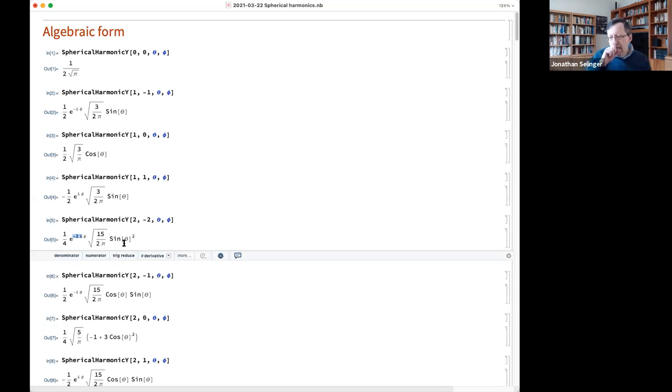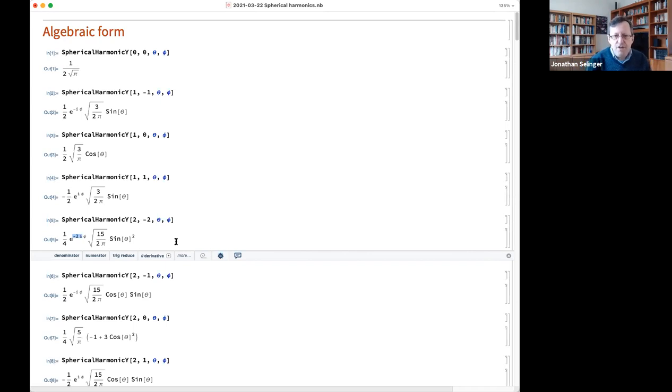Right? So that's the dependence on phi. So it says, as you go around an azimuthal angle, right? Remember, that's what phi means, the angle going around the z-axis. The spherical harmonic function changes as this complex exponential. And that's multiplied by the theta dependence. And then it's multiplied by some complicated looking coefficient in the front.